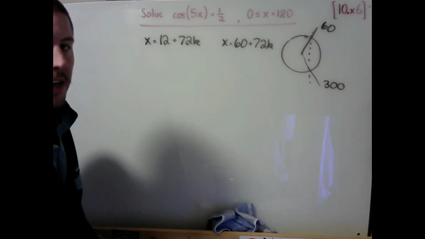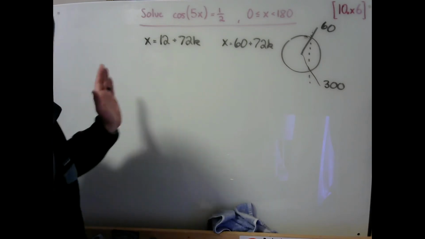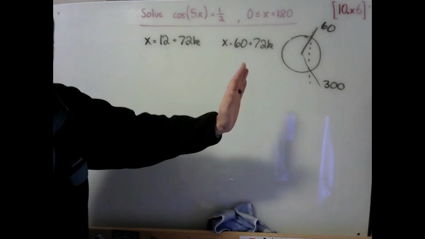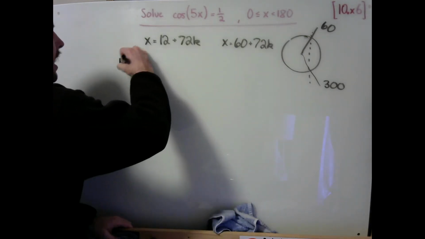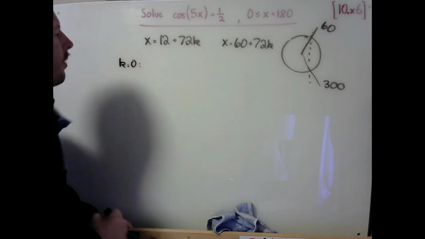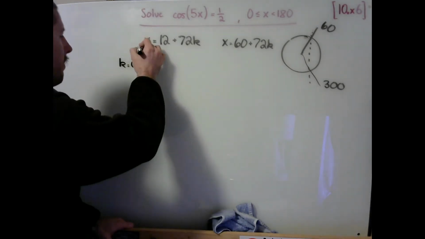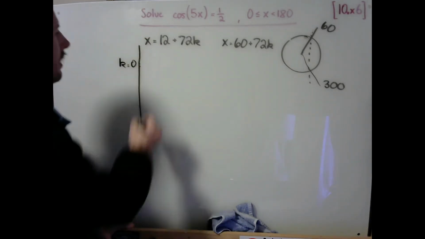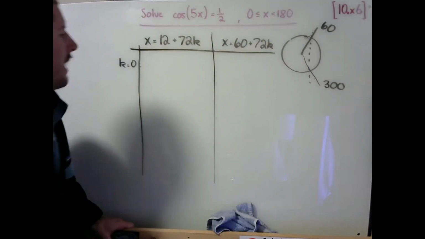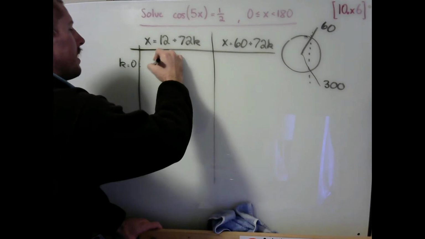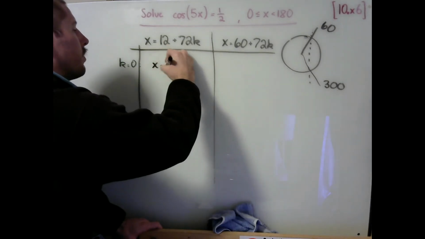The next question that I would ask, if I know that I'm not going to use negatives on the left, is maybe 0 and then positives. So what happens if I choose a k value of 0? Well, if k is 0, maybe I'll make myself a table here. If my k value is 0, then I'm going to get a value of x equals 12.